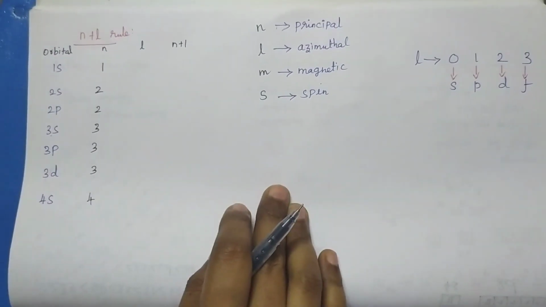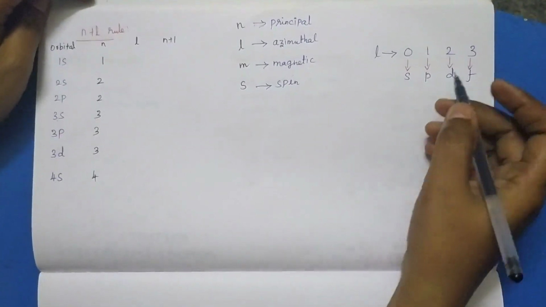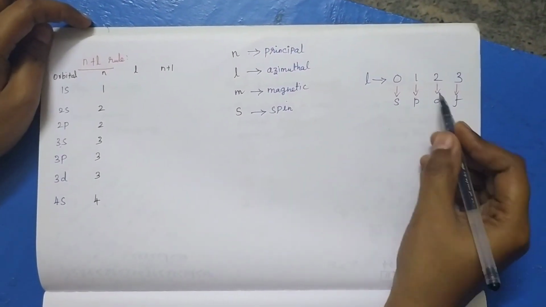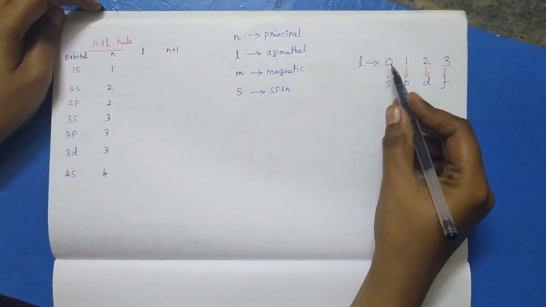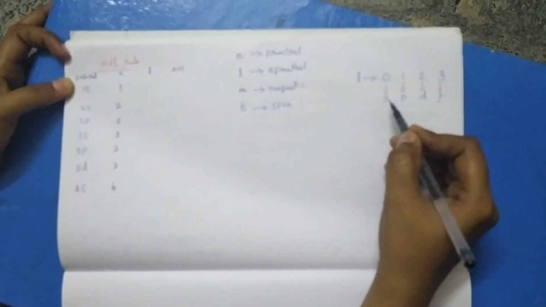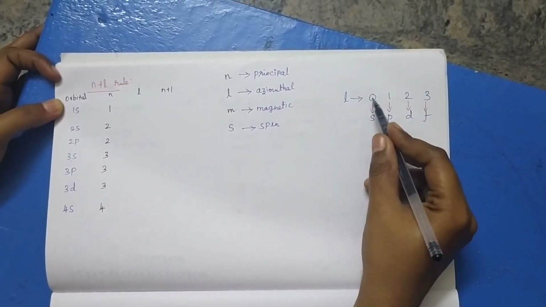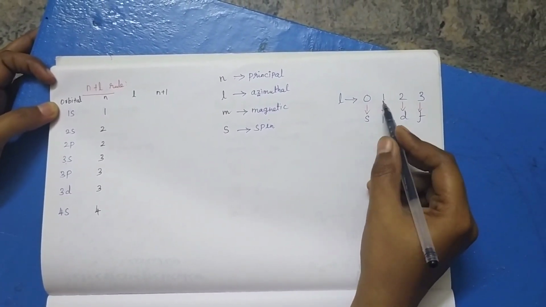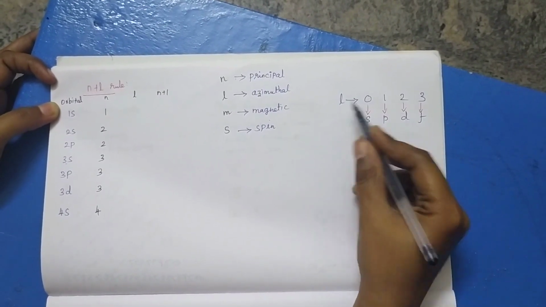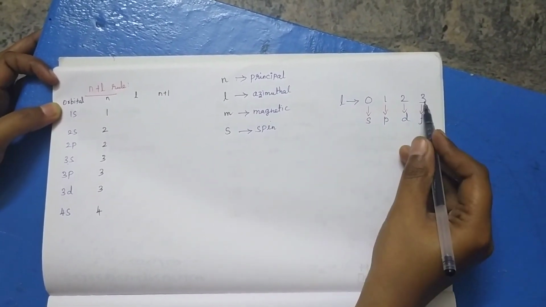And the l value you can get from s, p, d, f. The l value starts from 0, 1, 2, 3. The s orbital has l value 0, the p orbital l value 1, the d orbital l value 2, and the f orbital l value 3.